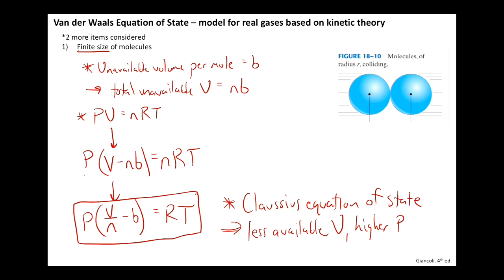Think about that for just a minute. Am I going to have more pressure or more impacts with the walls of the container if all of a sudden there's less space for them to move around? That seems pretty logical, okay? Higher pressure than expected by the ideal gas law because we've reduced the volume by some amount, okay? That's the first step. We're including the finite size of molecules. Anybody have any complaints or comments or anything about that? Or just cheers?